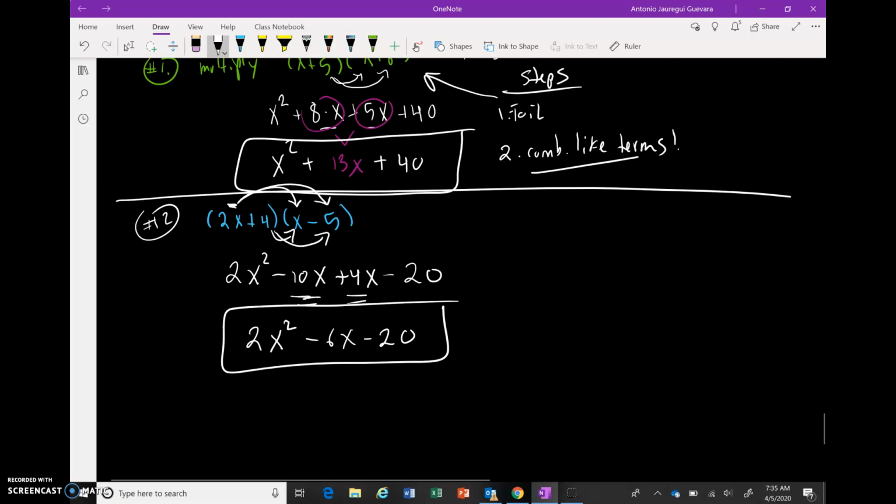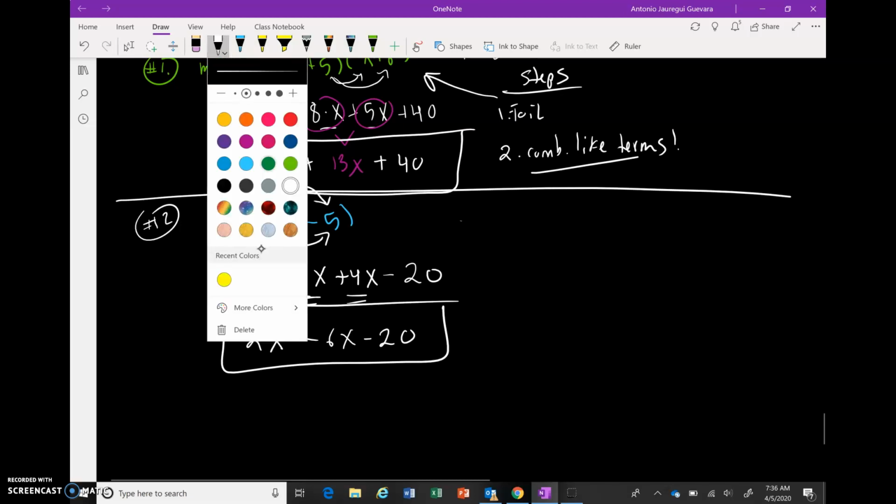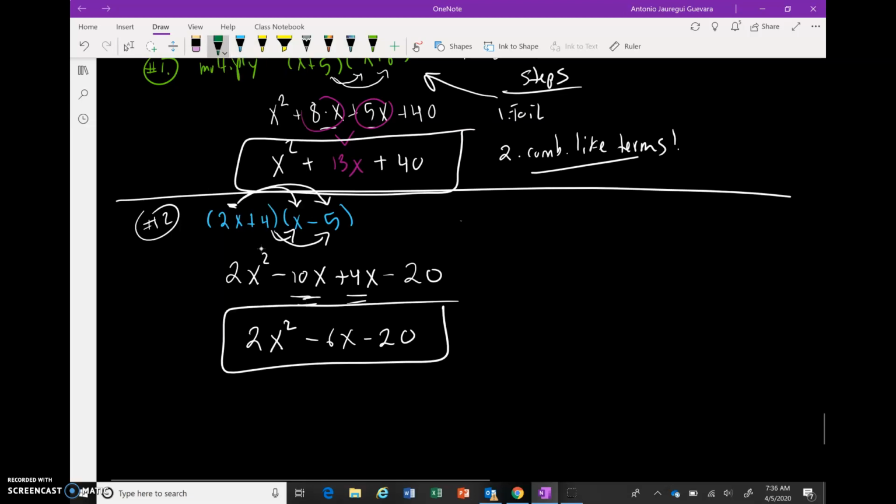So that's multiplying polynomials. We're multiplying two polynomials. And in essence, just to do a review, this is a binomial, and this is another binomial, because we have two terms.